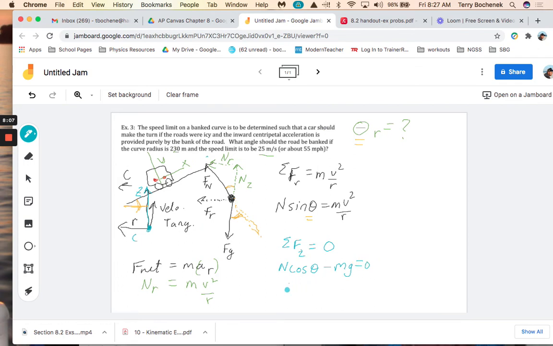So we could quickly rearrange this to say that the normal force is, you could do two things. You could say it is equal to mg over cos theta, but I'm actually going to stick with just n cos theta equals mg.